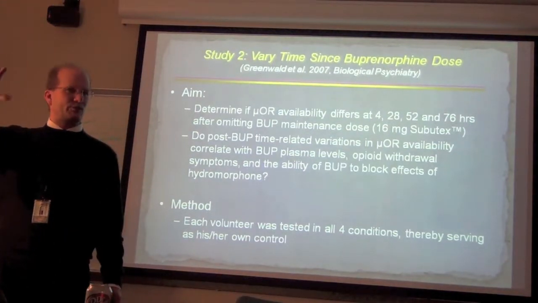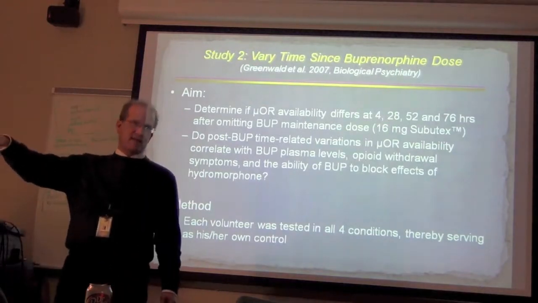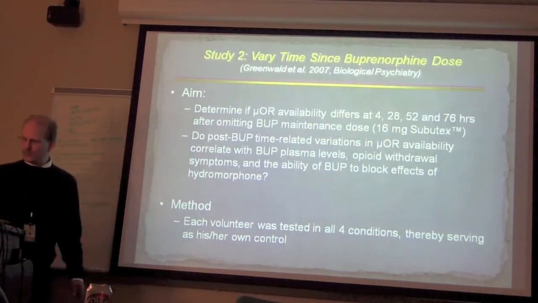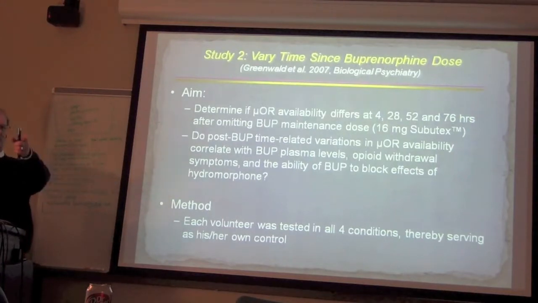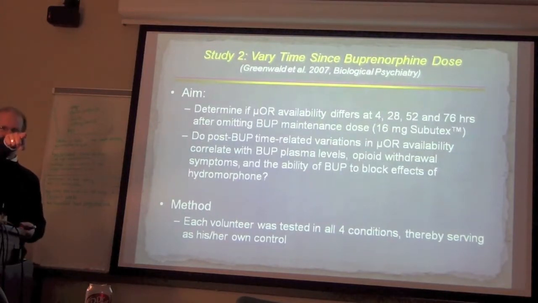So essentially, we were doing a time since buprenorphine effect. And again, we did serial scans over several days in the same week. And then on a different week, after we restabilized the individual, we did the hydromorphone challenges. Because, remember Randy's question earlier, once you have hydromorphone on board, you can't do the PET scans.